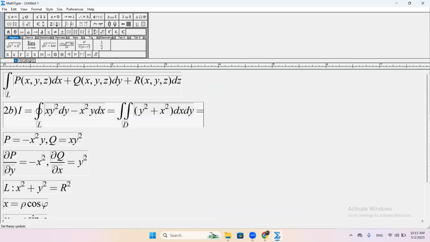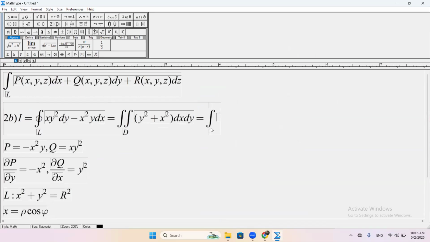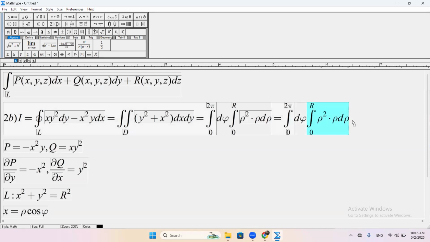So, writing down the new integral with new limits: from 0 to 2p d phi, and from 0 to r rho square, and don't forget to multiply by rho. This integral can be split into a product of two separate integrals.